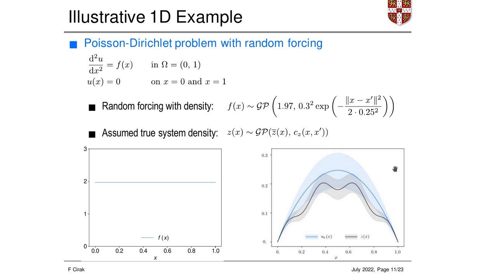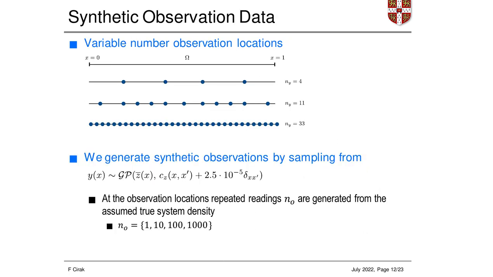Unfortunately, our prior belief may not be accurate, right? For example, the underlying true system solution may actually look wiggly, as given by the black color plots here. To see if we are able to infer the underlying true system response, we select some locations for the observations and generate synthetic observations by sampling from some underlying data generating process, which is a Gaussian process.